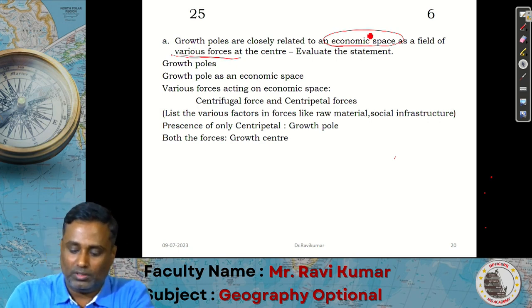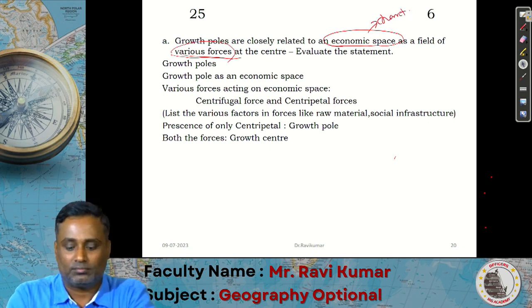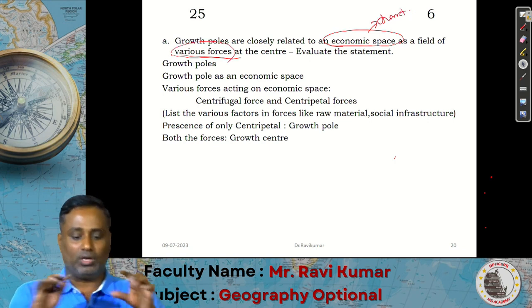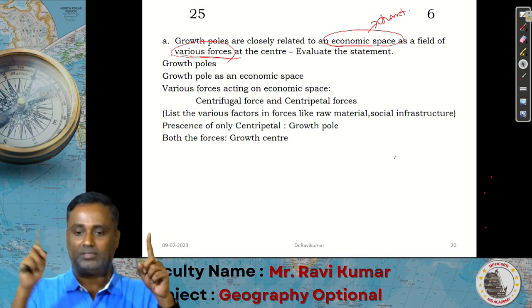You should know the characteristics of economic space first. Then you should know what the various forces acting over the center are. Just read that second line, various forces at the center.